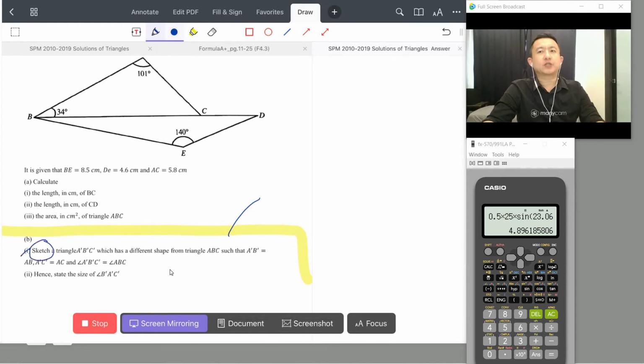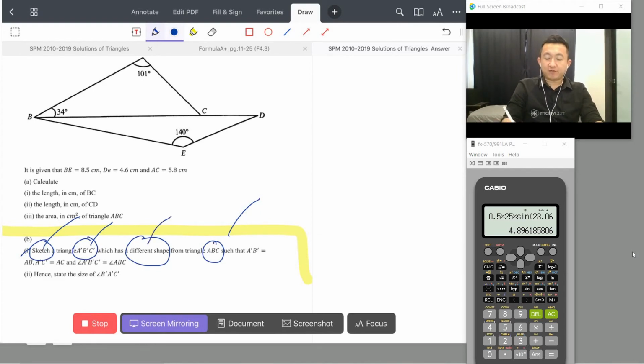Sketch a triangle is the keyword here, meaning this is an ambiguous case. Sketch a triangle A prime, B prime, C prime, meaning you will have a different shape as compared to triangle ABC. And a new point A prime, B prime, C prime is another keyword here. The information here: A prime B prime equals AB, A prime C prime equals AC.